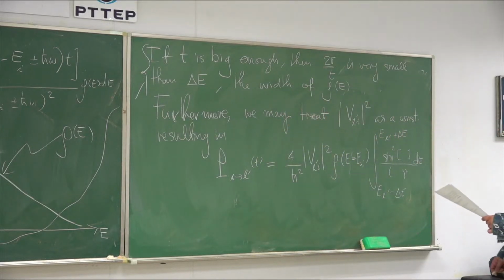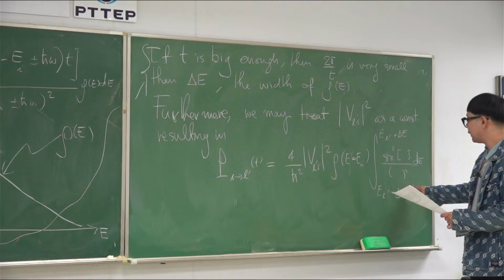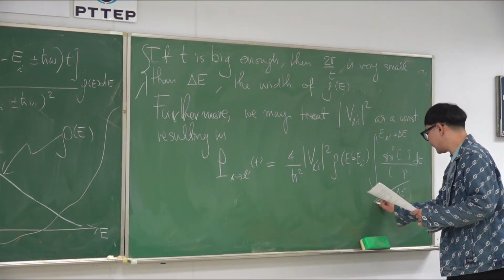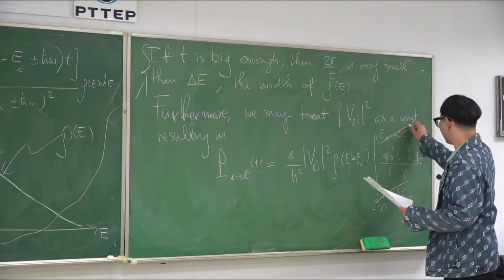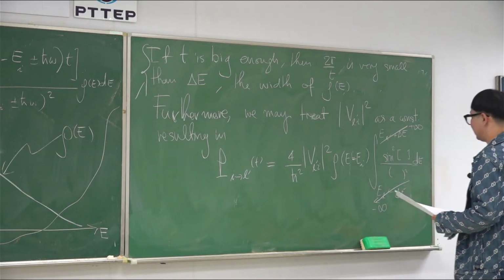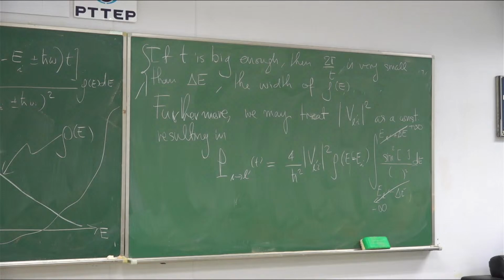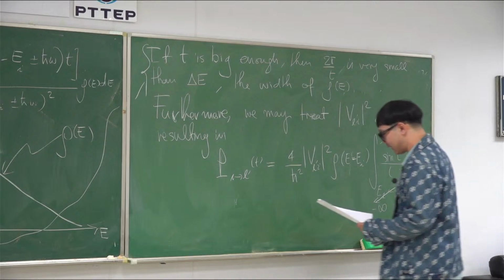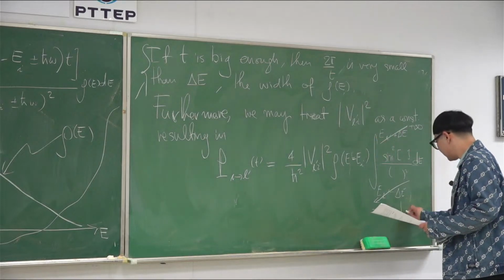and so this term, you can do the integration, right? By taking this as minus infinity and this as plus infinity, this integration can be computed exactly, and then you will get pi of this.